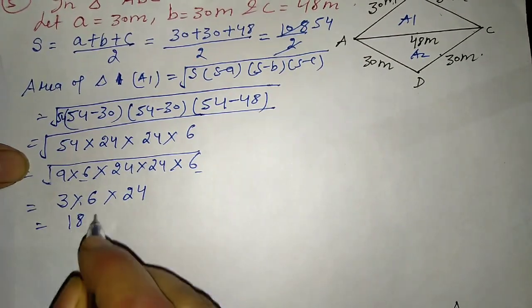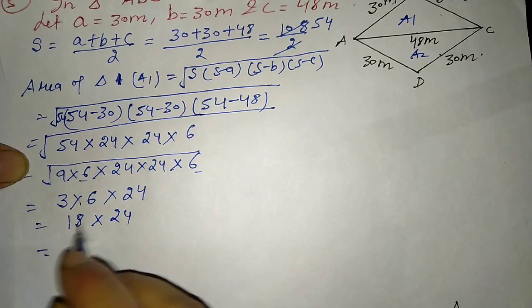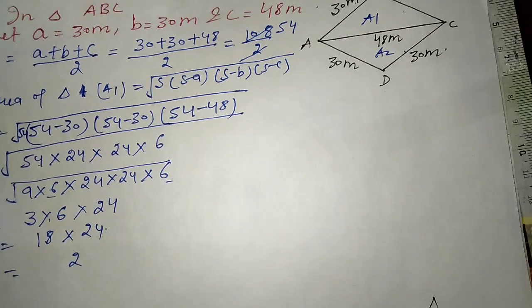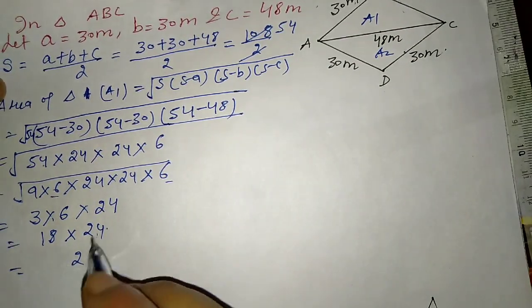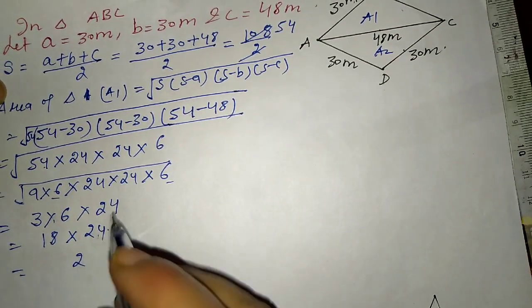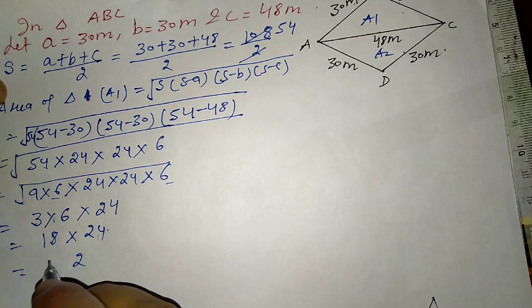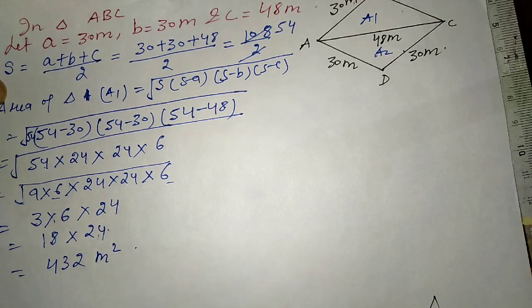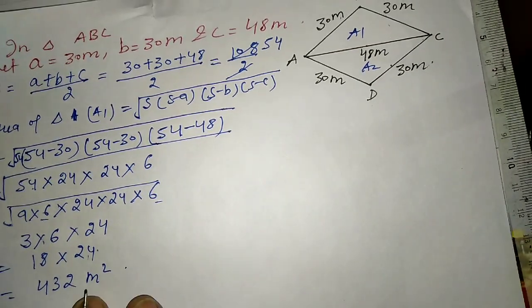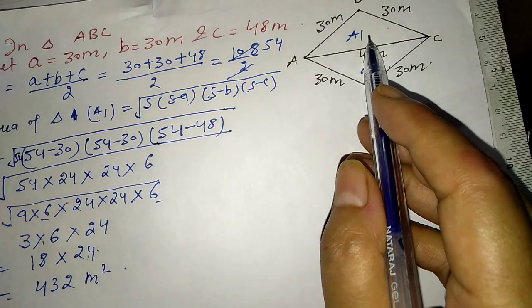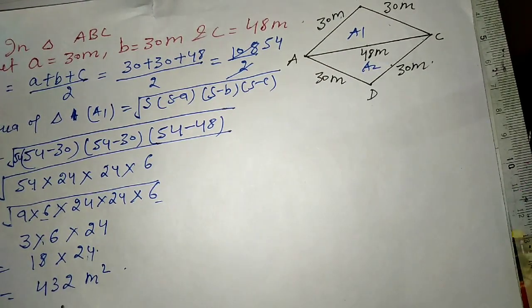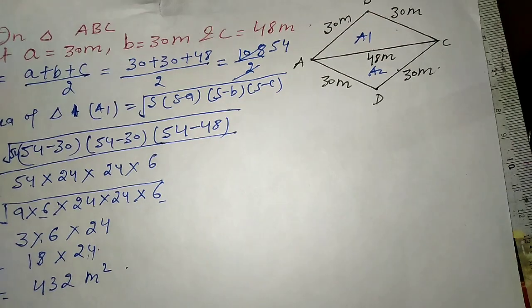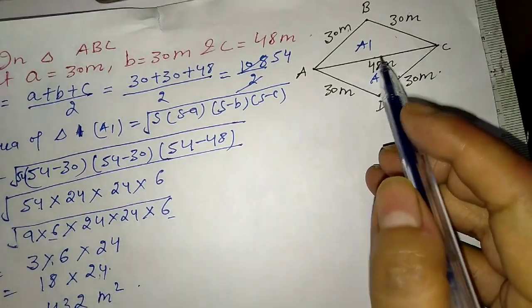So this can be 18 into 24. 18 into 24 is 432 meter square. Okay. So this is the first part. Now we have to find for the whole.